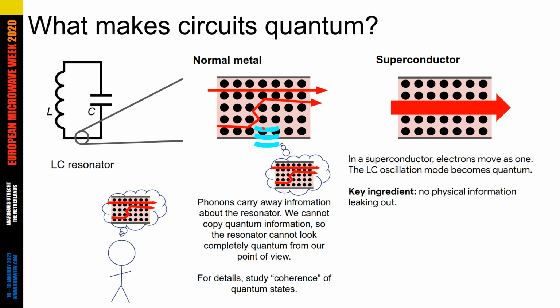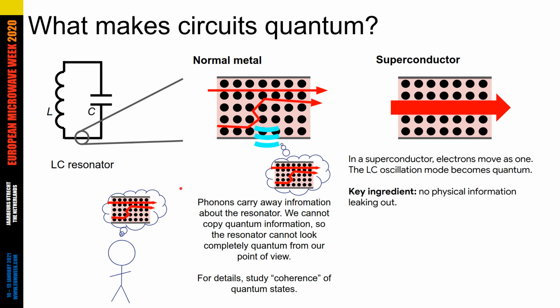solid. And the thing to notice here is that if a compression wave radiates away, that carries information about what the electrons were doing. So remember on the previous slide, we said that quantum information cannot be copied. Well, that means that if an electron scatters and sends off a wave, and that wave carries information about what the electrons were doing, then some of the quantum information about what was going on inside this wire, inside this LC resonator, is being carried away.